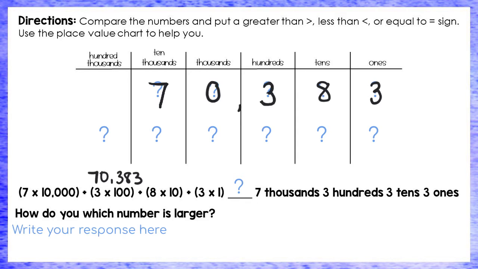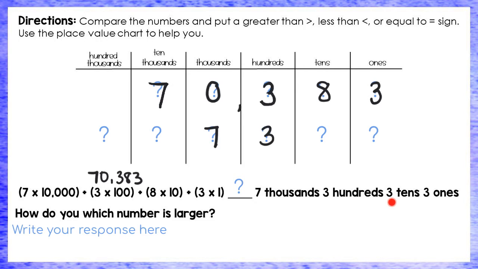Now we need to do the unit form. I can see that it says 7 thousands first. So in the thousands place, I need to put a 7. Then it says 3 hundreds. That's easy. A 3 in the hundreds place.